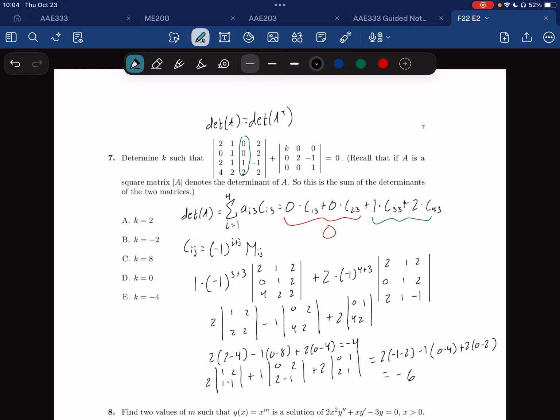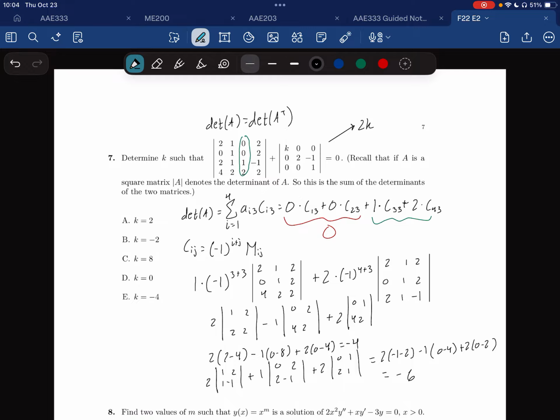Now you might think we're going to have to do a whole bunch of stuff again for the second matrix right here. But if you notice, the second matrix is actually upper triangular. And if a matrix is upper triangular, the determinant is the product of the diagonal, which is just 2k.